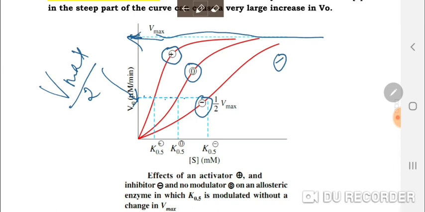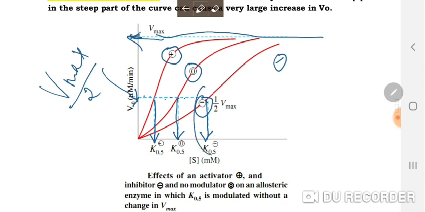The substrate concentration corresponding to Vmax divided by 2 is called the Km value. You can see the different Km values without any modulator, with the positive modulator, and with the negative modulator. Here the Km value is K, that is 0.05, the apparent Km value with the effector. Here, much more substrate concentration is needed to attain the Km value.